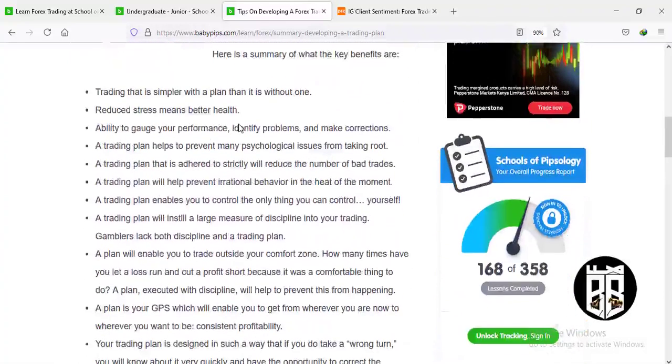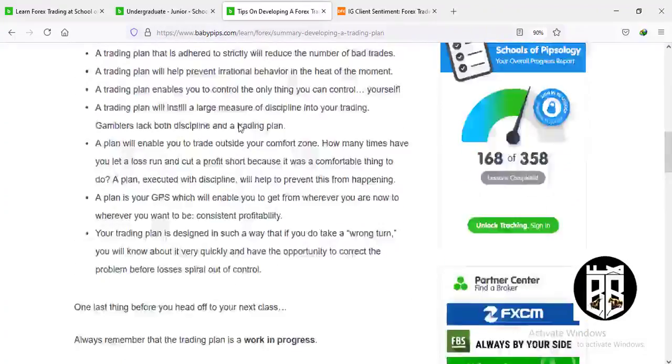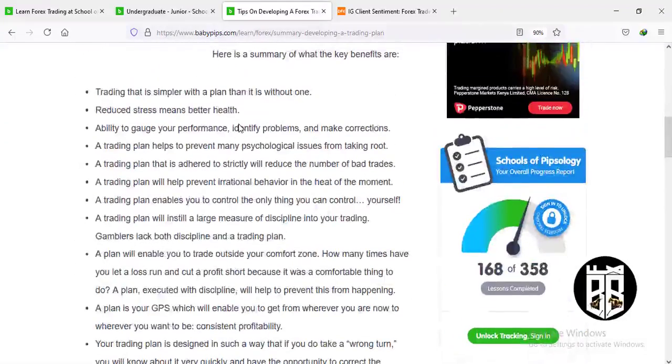Okay, so here's a summary of the key benefits of having a trading plan. Number one, trading is simpler with a plan than it is without one. Trading is more simple when you have a plan, but when you don't have a plan, it becomes more difficult. Two, a trading plan reduces stress, which means better health. It has the ability to gauge your performance, identify problems and make decisions.